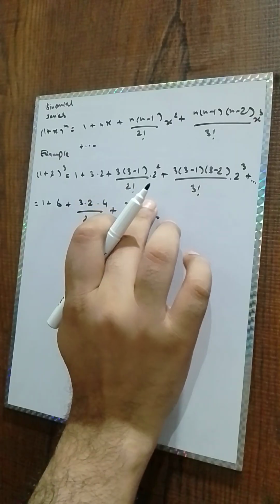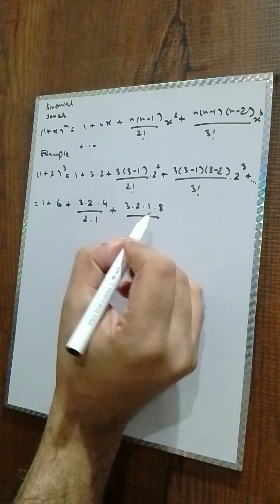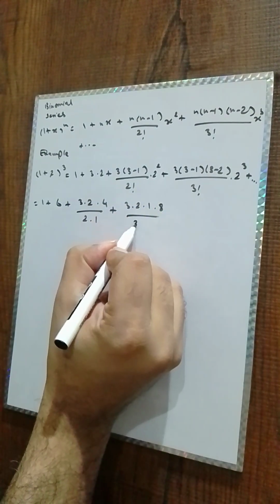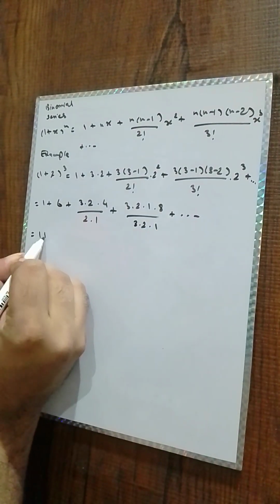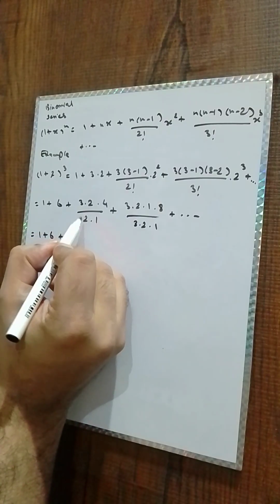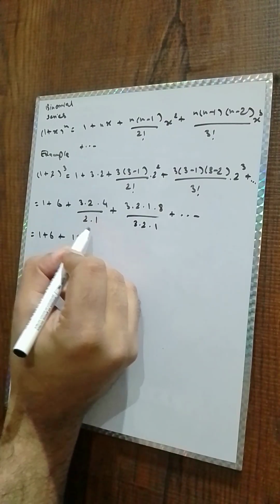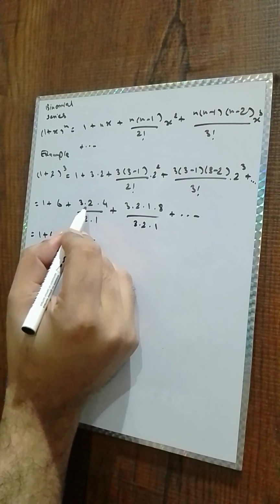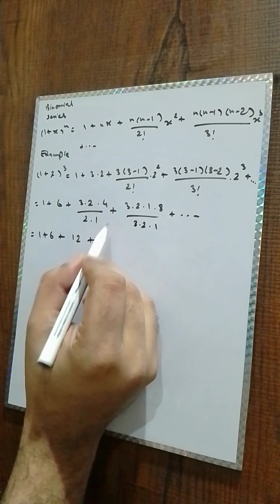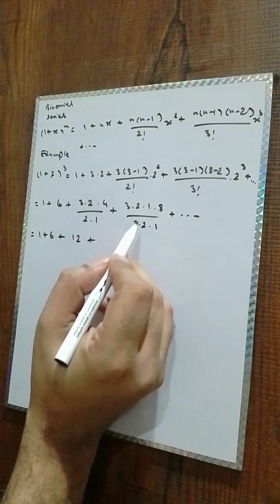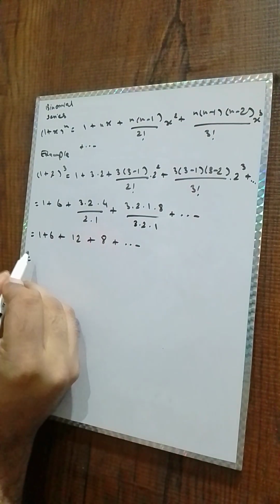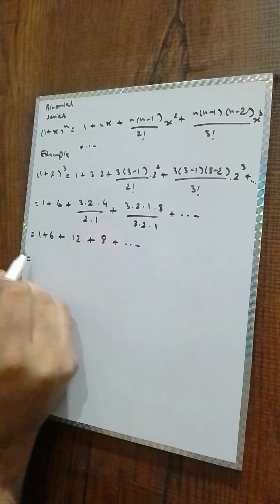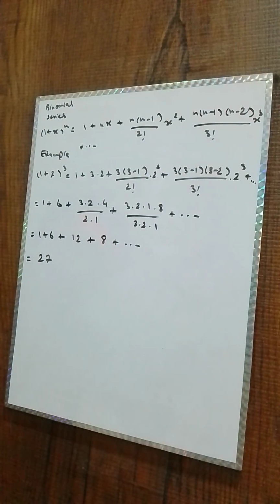Yes, and so on. 1 plus 6 plus 12, because 2 cancels out and then 2 cancels out again, and also 3 cancels out, so we're left with 8 and so on, and this gives us about 27 for this much of the opening.